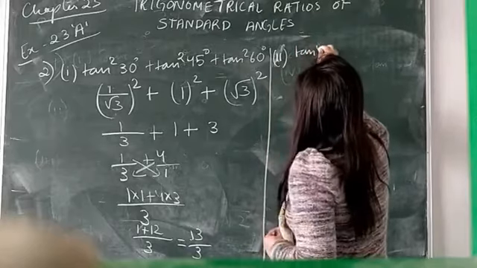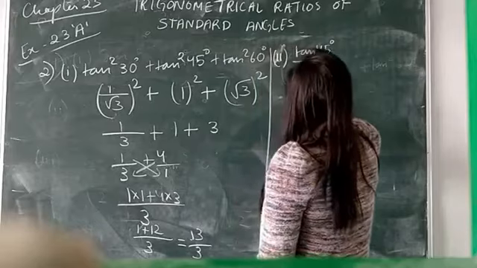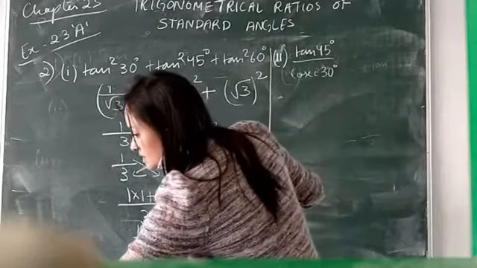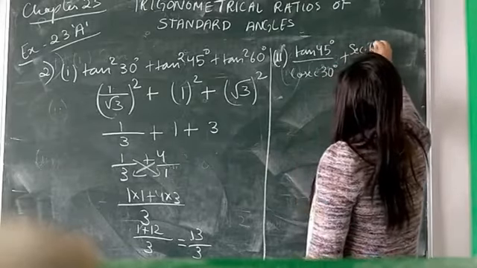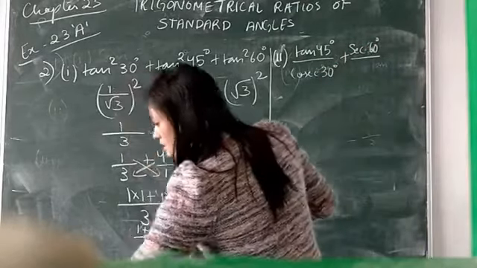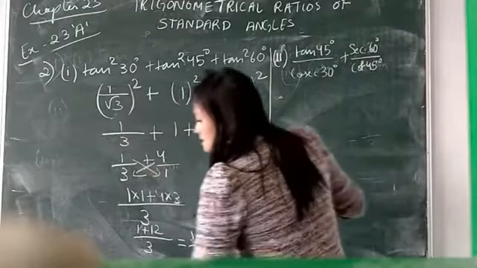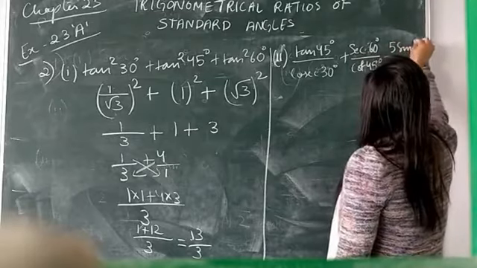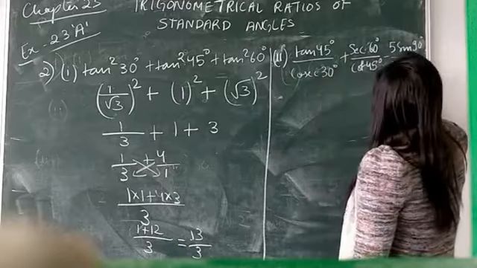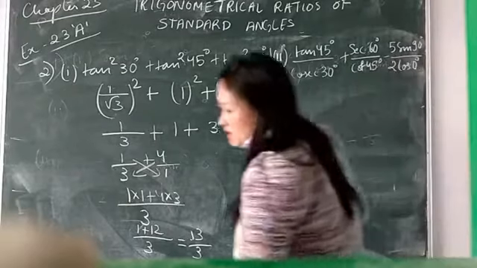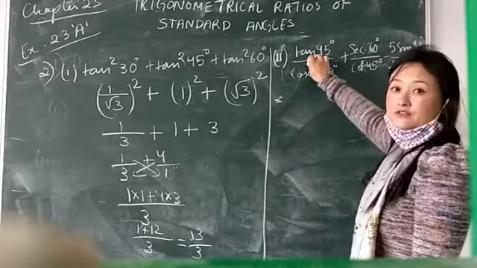It's tan 45 degree upon cosec 30 degree plus sec 60 degree upon cot 45 degree minus sine 90 degrees upon 2 cos 0 degree. Now see here, what is your tan 45?